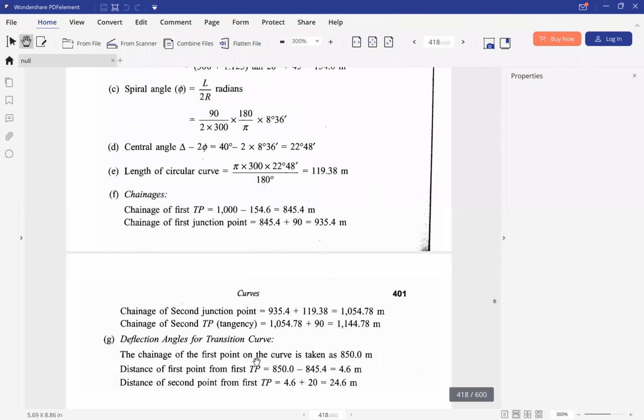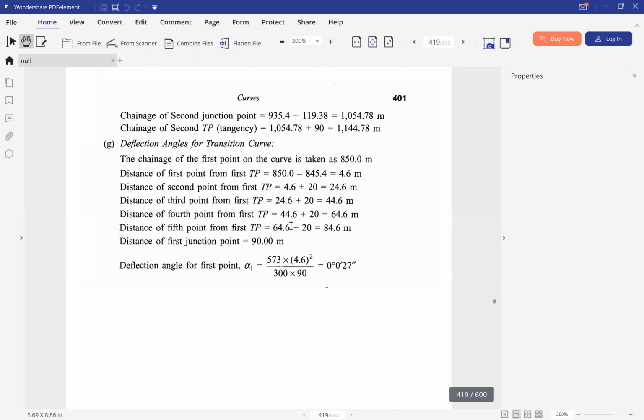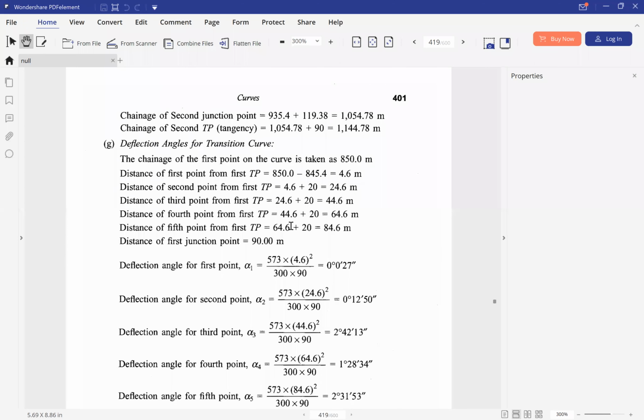Now we need to calculate the deflection angles for the transition curve, right? For that, we know already that first we provide an initial subchord in order to make the chainage a round figure. Since our starting value is 845.4, the next round figure that comes to our mind is 850.